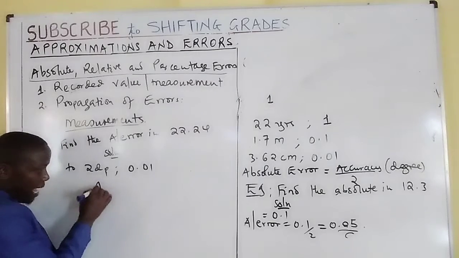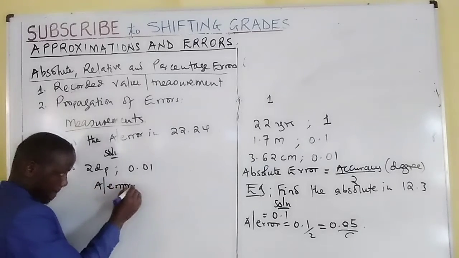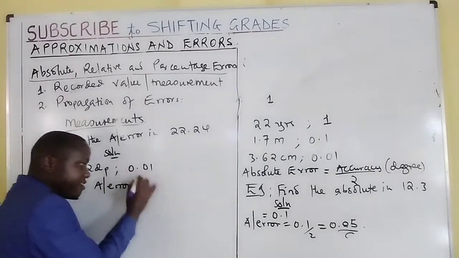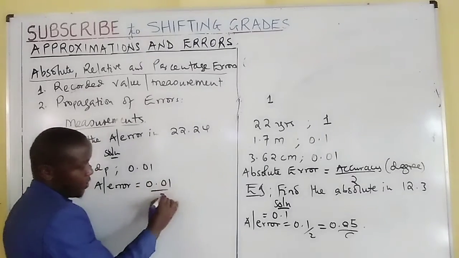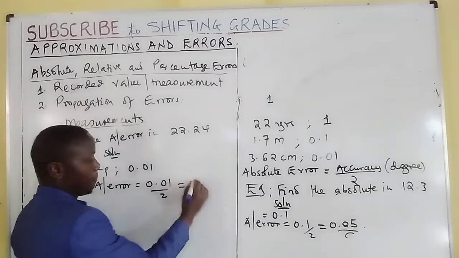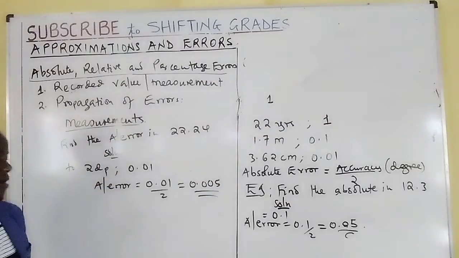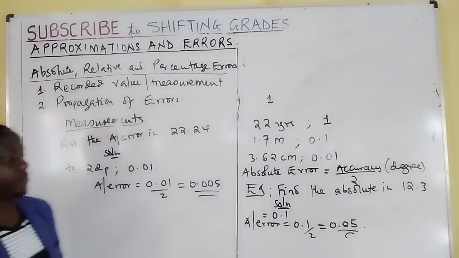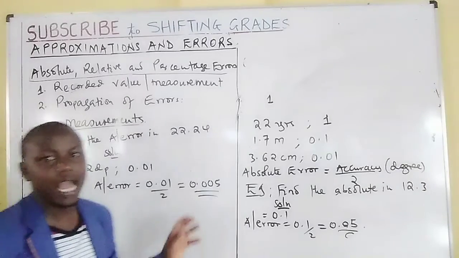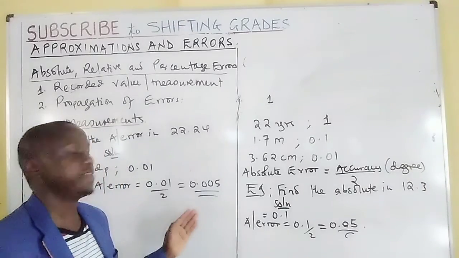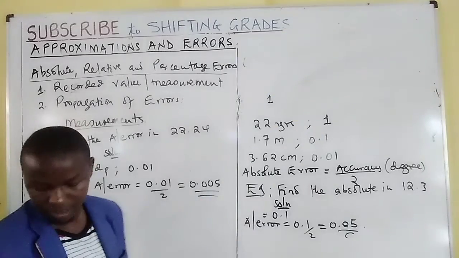And therefore, to get the absolute error, we take this degree of accuracy and divide it by 2, which will be 0.005. Therefore, the level of accuracy determines the absolute error in a given measurement.